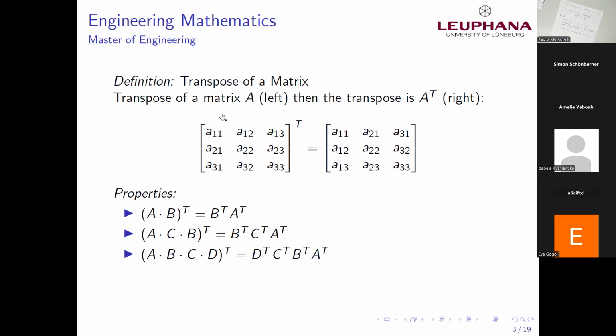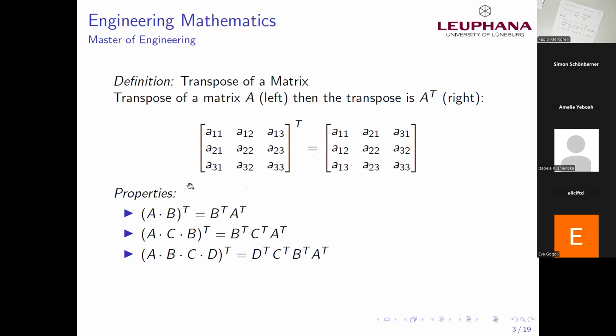We can see here A11, A12, A13. The transpose of this matrix swaps rows with columns. A11, A12, A13 are now in a column. The first row becomes the first column, and so on. I don't know if you remember this from math. You can see here, the second row, once transposed, becomes the second column.